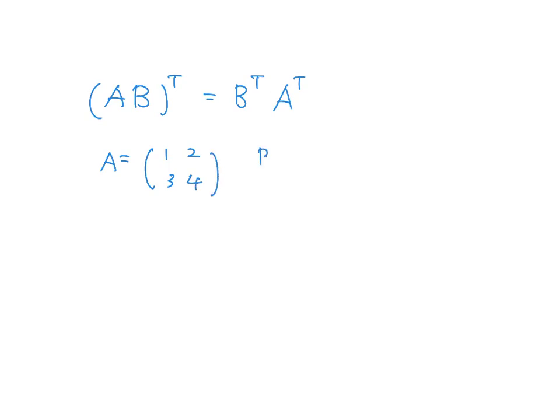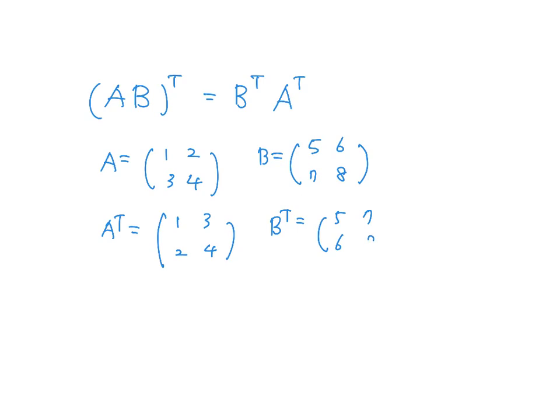This is my favorite matrix form, 5, 6, 7, 8, and good for practice. So for the transpose of A, you change columns by rows. So it's 1, 3, 2, 4. The transpose of B is 5, 7, 6, 8.